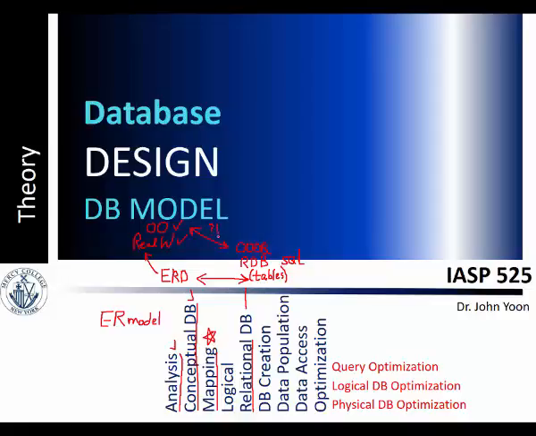Good exclamation. So why not use object-oriented databases these days? Object-oriented databases started in the early 1990s and disappeared in the late 1990s. Why did it disappear?